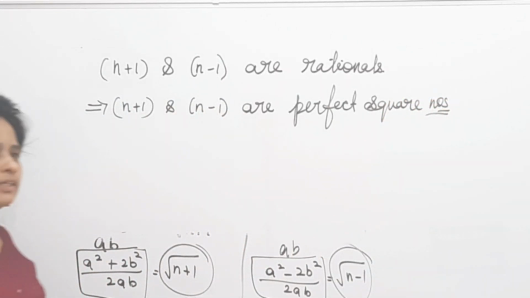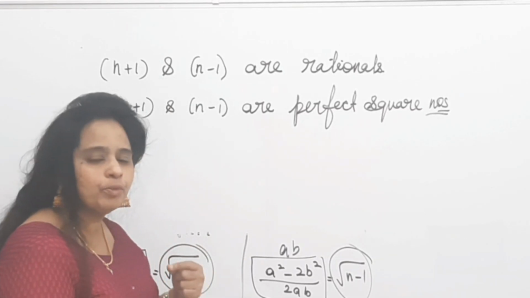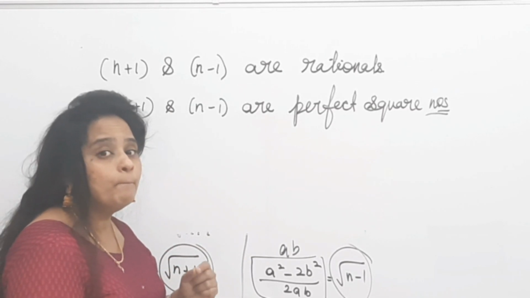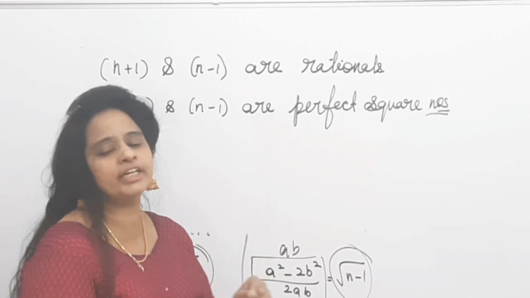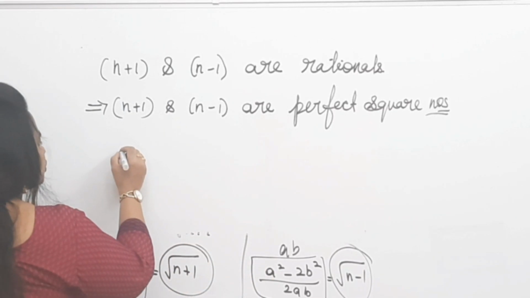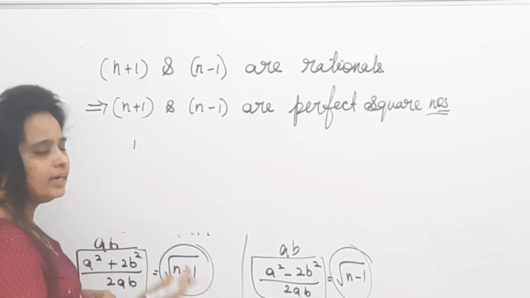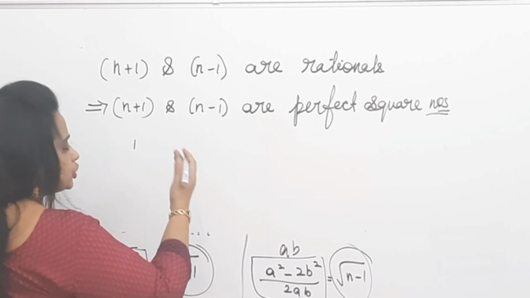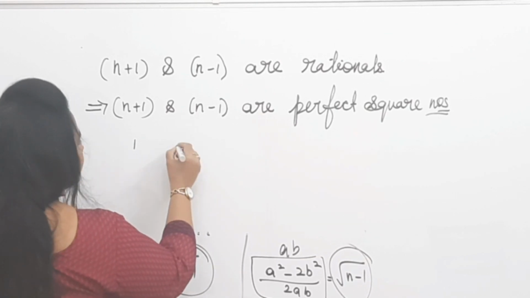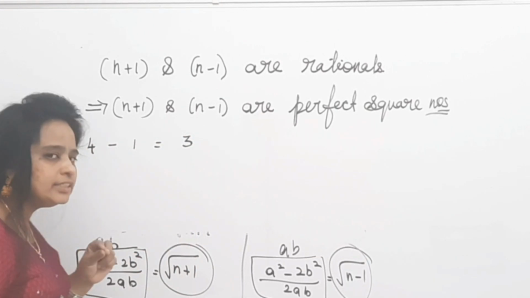Perfect square numbers: the difference between any two perfect square numbers must be minimum 3. Why? Because the smallest perfect square number is 1 and the immediate perfect square number is 2 square, which is 4. That is 4 minus 1, minimum is 3.